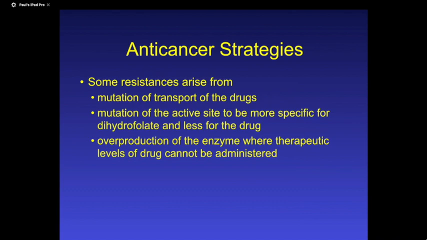And we make so many copies of the transporter that no matter how much drug we give a patient, we never get what's called the therapeutic concentration in the cell, the concentration high enough to bind to the enzymes we want to, because this pump is working so fast. And so we tend to hit patients with very strong doses of a lot of different drugs, cocktails, to fight cancers, so that we can minimize this resistance.